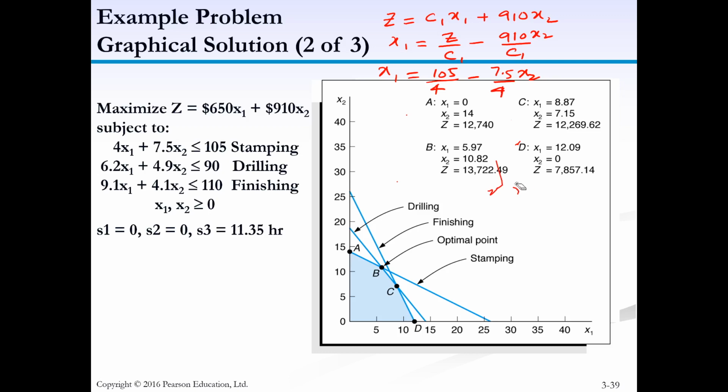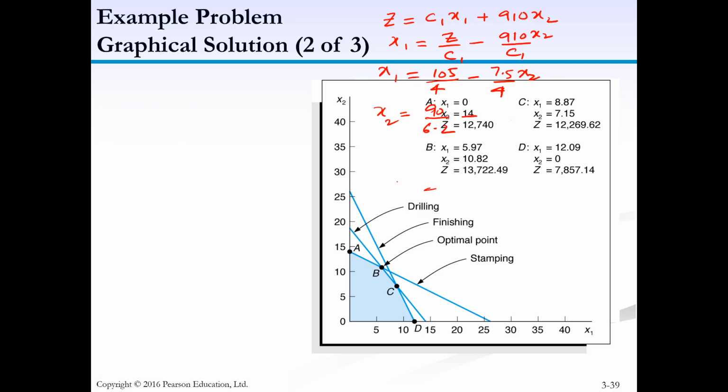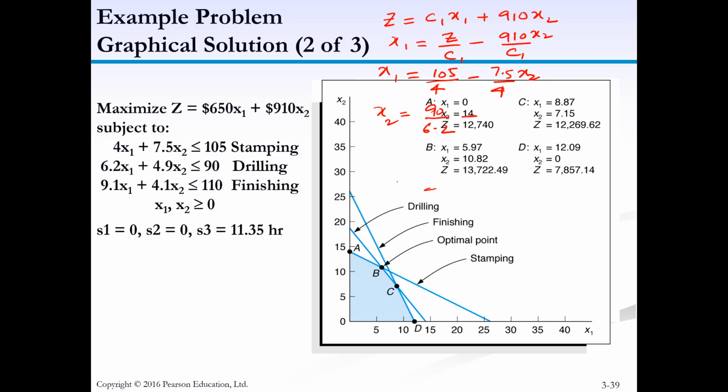Then we have the second constraint, x2 is equal to 90 over 6.2 minus 4.9 over 6.2 x1, and sorry, it should be x1 here, right?